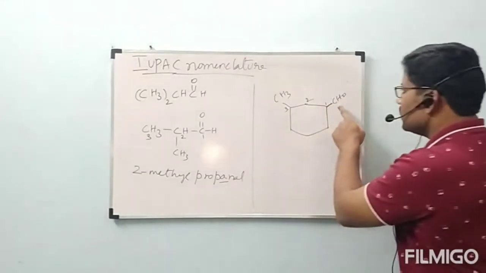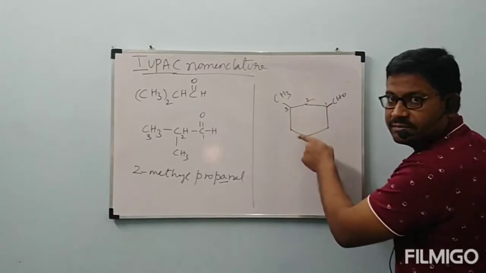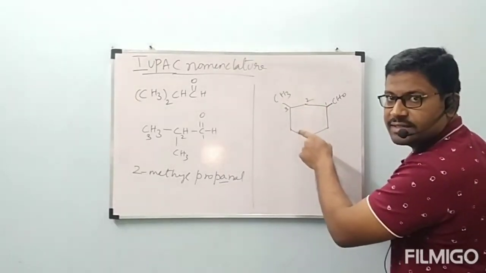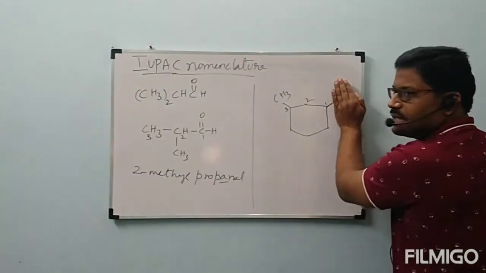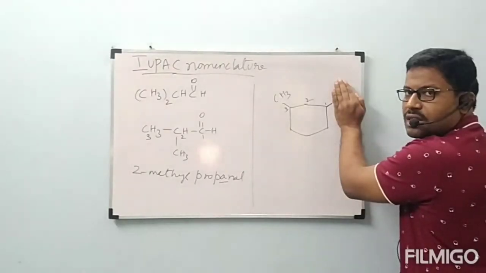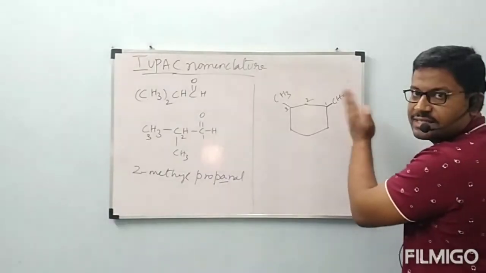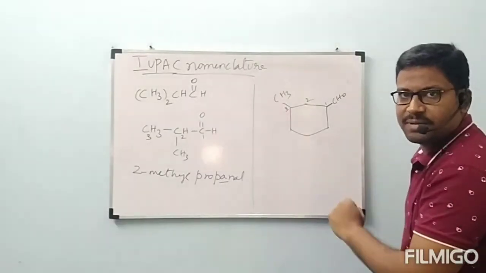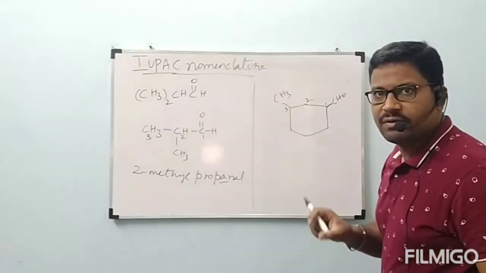But here, the cyclohexane ring is the parent chain, in which CHO is written separately. It is not involved in the parent chain. Then we will not get -al here; we will get another name.